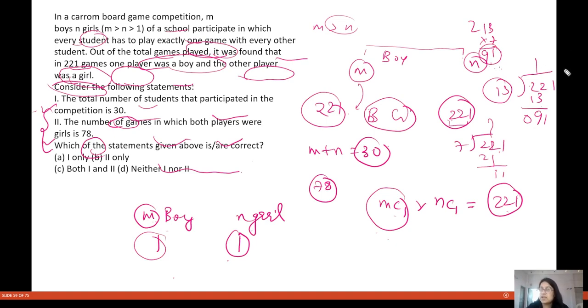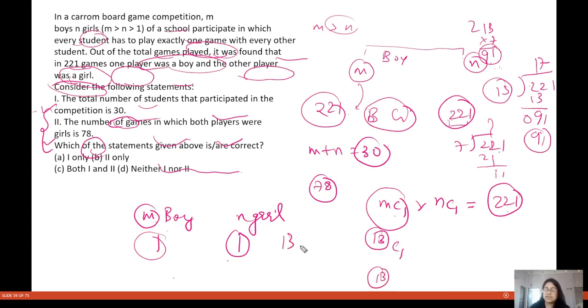So that means this is 17. Now it is saying that either the number of boys can be 13, because 13C1 is 13 only.